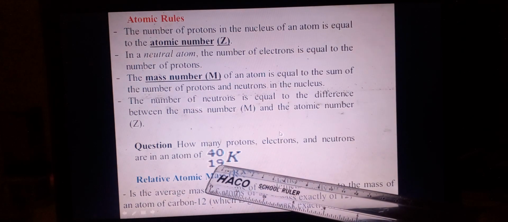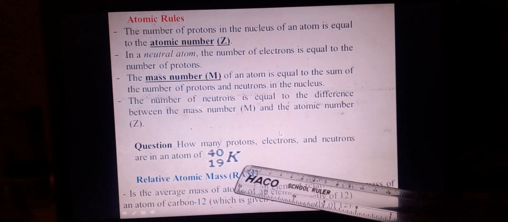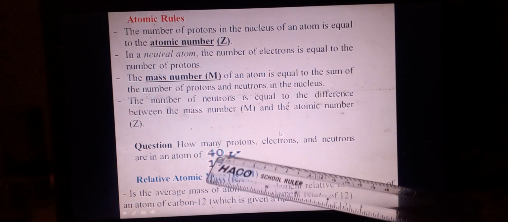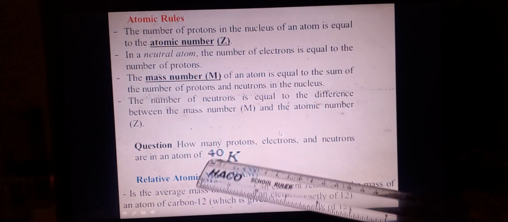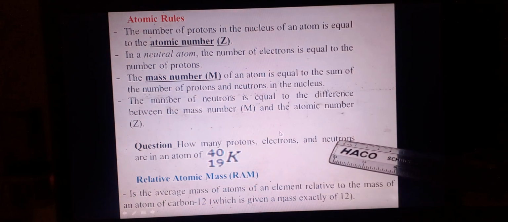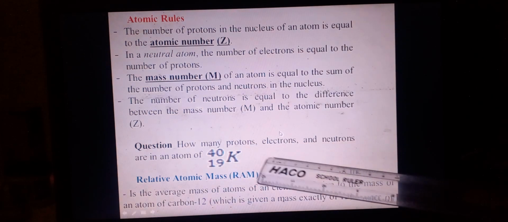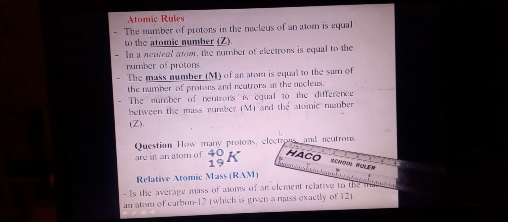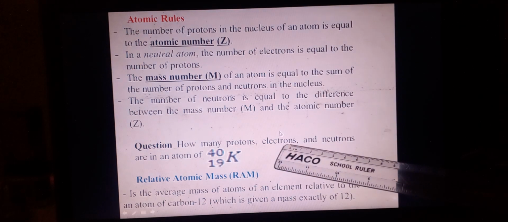So atomic number is equivalent to the number of protons. So once you know the number of protons and you have the mass number, I believe you can get the number of neutrons. And remember, the number of protons is usually equivalent to the number of electrons in any given neutral atom.